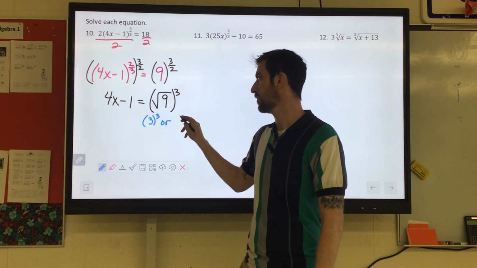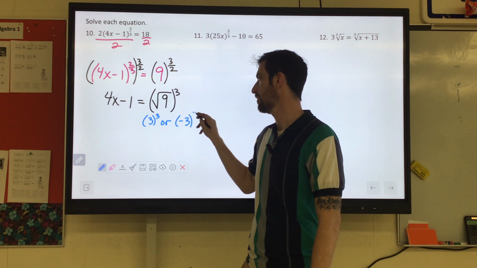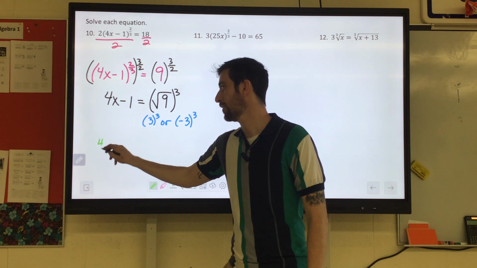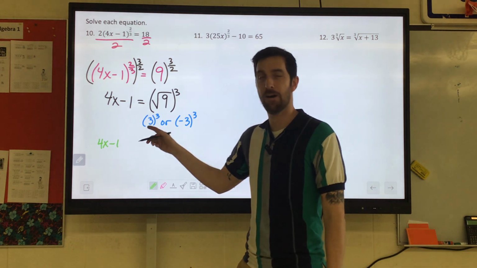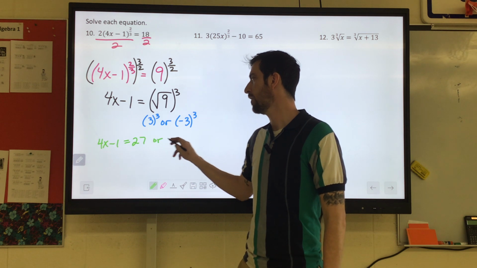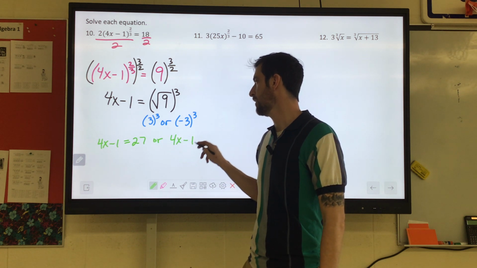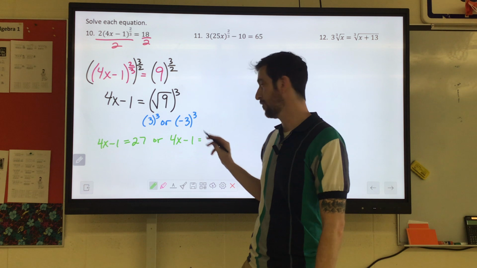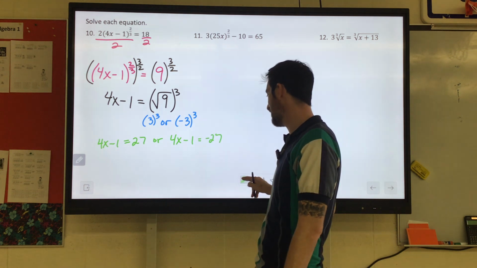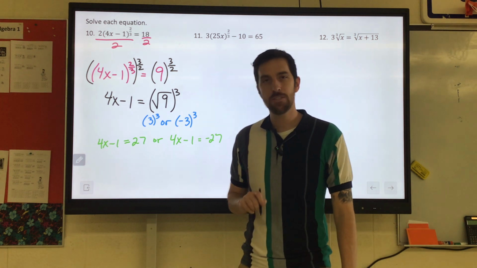Or also, it could be negative 3, which will give us different answers in the end. So 4x minus 1 equals positive 3 to the 3rd, which is 27, or 4x minus 1 equals negative 3 to the 3rd power, which is negative 27. Woo, trickery!